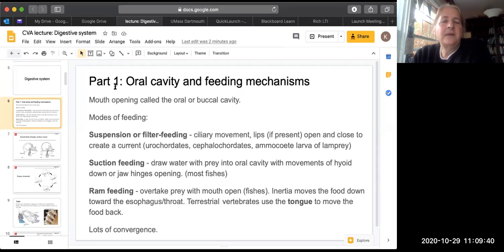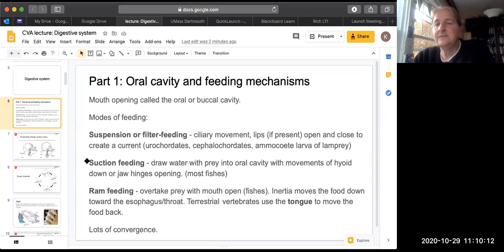All right, so the mouth opening, we've talked about this before, is either the oral cavity or the buccal cavity, both these words are used. There are different types of feeding: suspension or filter feeding, which we talked about with the urochordates and cephalochordates, but most of the animals with a jaw have one of these two types, suction feeding or ram feeding.